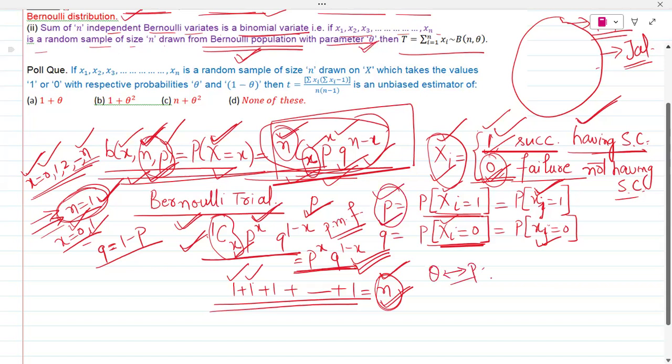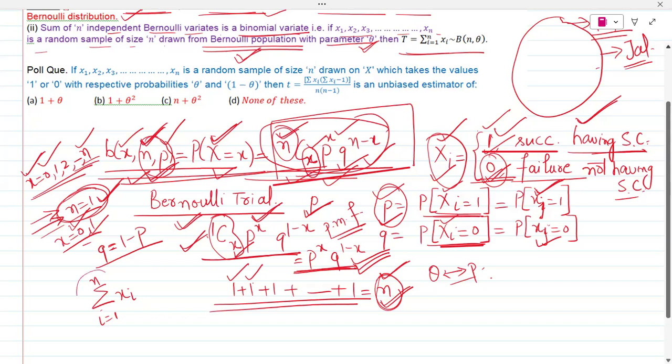Okay, and then this T. What is this T? It is a sum. Sum of what? Xi's. What are Xi's? These are Bernoulli variates, i from 1 to n. How many Bernoulli variates? n. And all these variates are independent, because ultimately these Xi's are our sample observations, and our sample is a simple random sample, meaning our sample observations are independent.